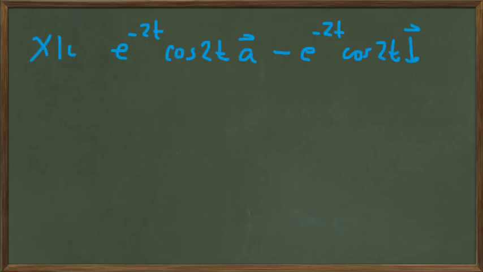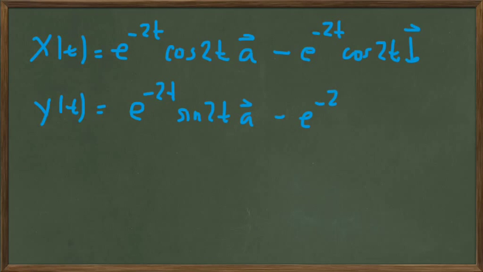That's our x of t, and our y of t is similar, it's just that the sine and cosine are in different positions. e to the minus 2t sine 2t, vector A to be found, plus e to the minus 2t cosine 2t times the vector B.